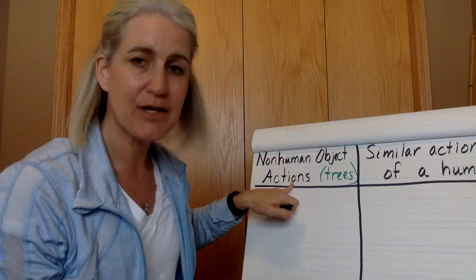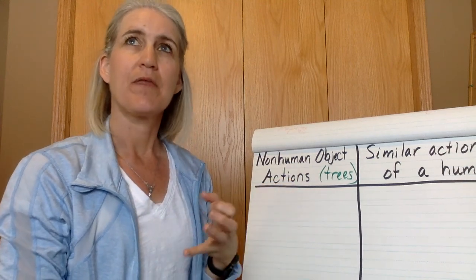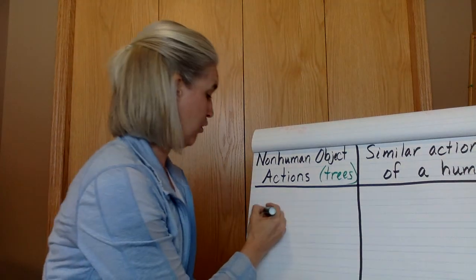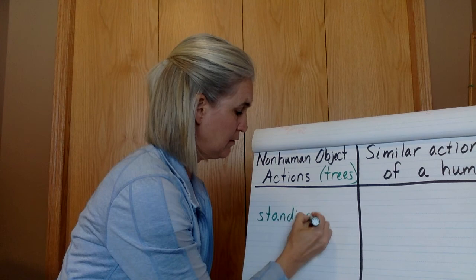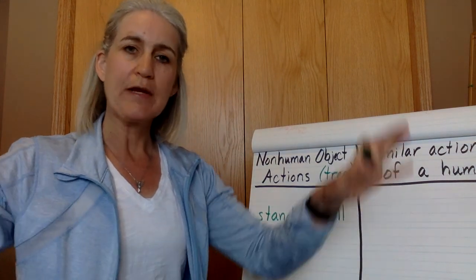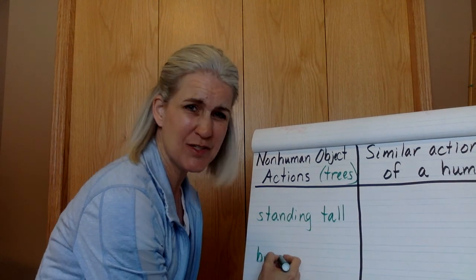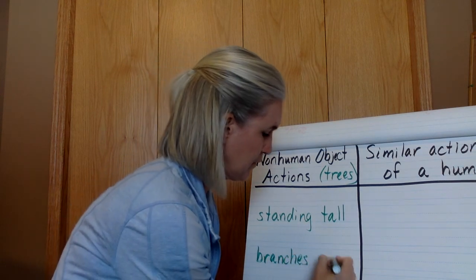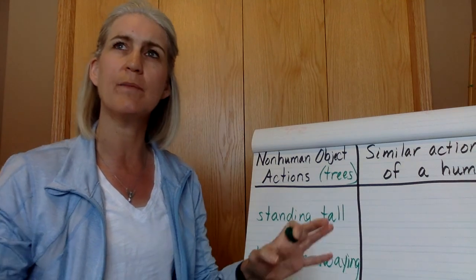What are some actions that I see these trees doing? So they're just standing. They're standing quite tall. So I'm going to record standing tall. Their branches are kind of swaying a little bit, not much. It's not really windy out today, so it's slight, but they are swaying a little bit.